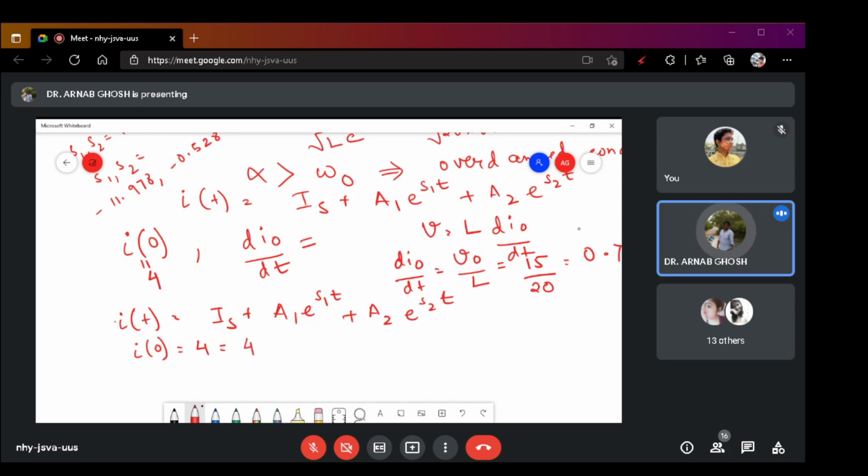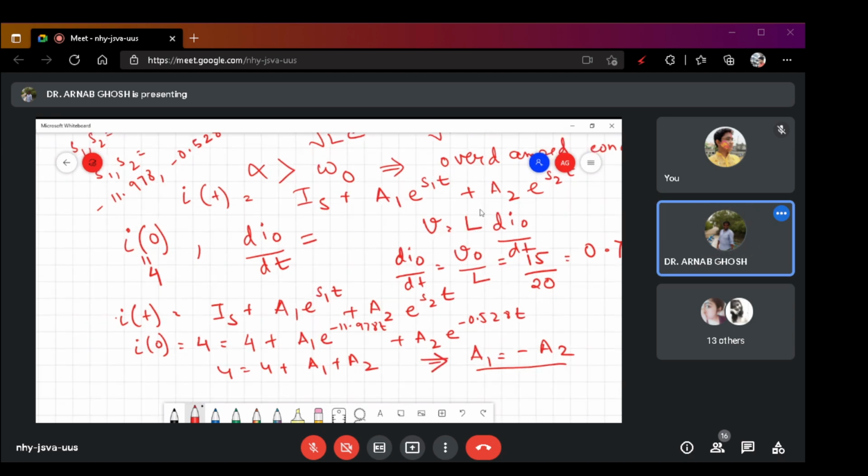Source current is also 4, plus A1 e to the power minus 11.978 t plus A2 into e to the power minus 0.528 t. So here I am putting t equal to 0. So this is becoming 4 plus A1 plus A2. This 4, so this is becoming A1 is equal to minus A2. Okay.